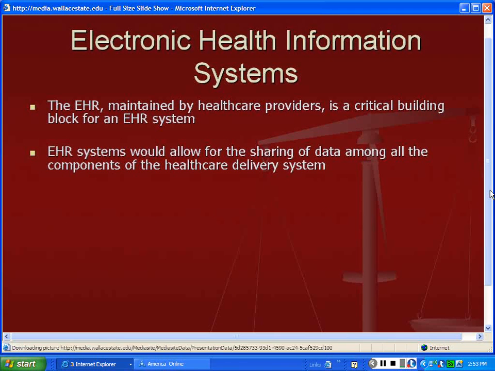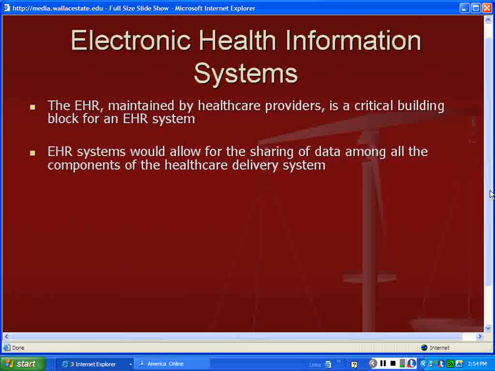That healthcare can be given in a lot of different places by a lot of different caregivers. And so many times patients will move from one type of facility to another. They may be in the hospital, and then they get their follow-up care somewhere else, or they may go into rehab, or they may see their personal physician. And so what we're talking about with the electronic health record system is allowing sharing of this electronic data on the patients among all of the individuals and facilities that will use it to continue to care for the patient.